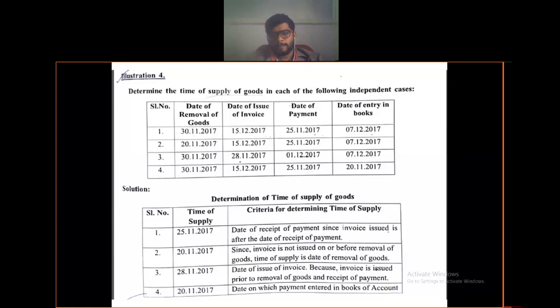Now you have to apply the same technique: observe all the data and identify the earlier date. You have to compare date of issue of invoice, date of payment, and in some cases the last date for issuing the invoice, as well as date of entry in the books of account. Whichever is earlier is considered as the time of supply.